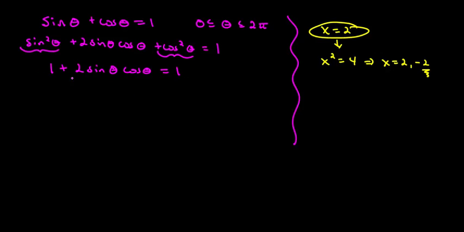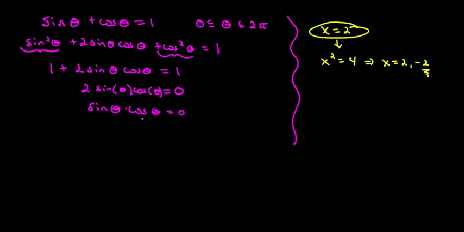Now if I subtract 1 from both sides, I get 2 sine theta cosine theta is equal to 0. I can divide both sides by 2.